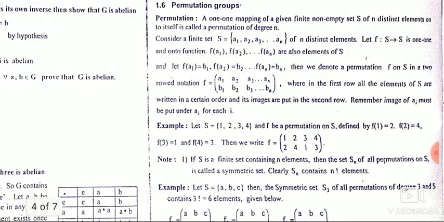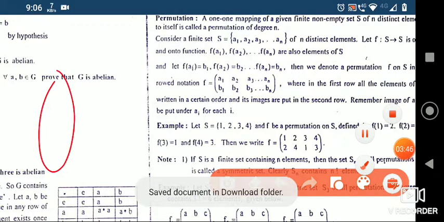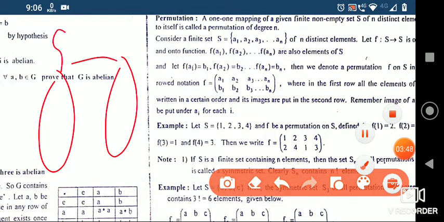So let's say f of a1 is equal to b1. It's written here. See, f of a1 is equal to b1, f of a2 is equal to b2, till f of an is equal to bn. Then we denote permutation f on S. So this is how we are denoting whatever we had in two boxes, like what we did in two oval shapes.